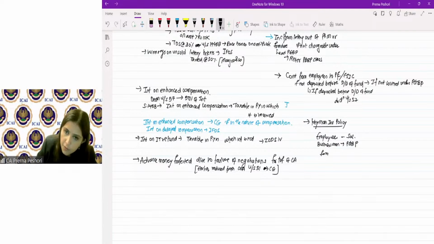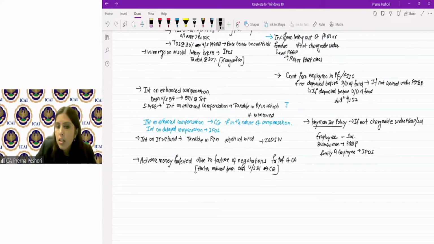If it is received by the family of the employee, then it will be chargeable under the head income from other sources. So keyman insurance policy, if not chargeable under PGBP or salaries, then it shall be covered over here.